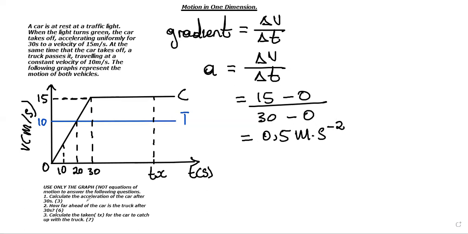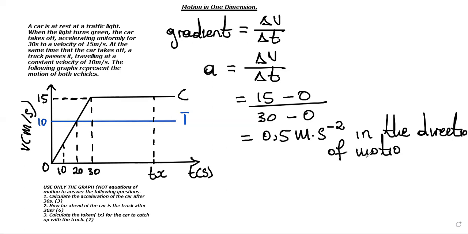But if you look at the question thoroughly, they didn't say calculate the magnitude of acceleration. No, they said calculate the acceleration. So if they say this, you have to give the direction as well. So you'll tell them it's in the direction of motion or in the original direction. It's up to you. Fine stuff.